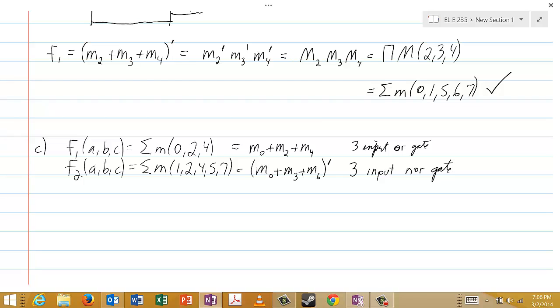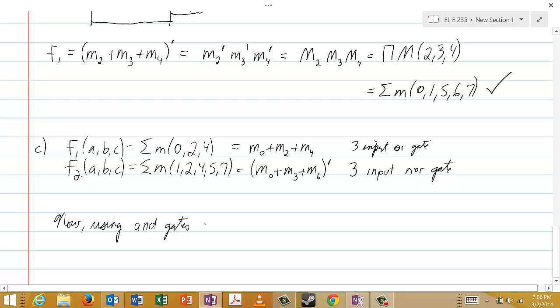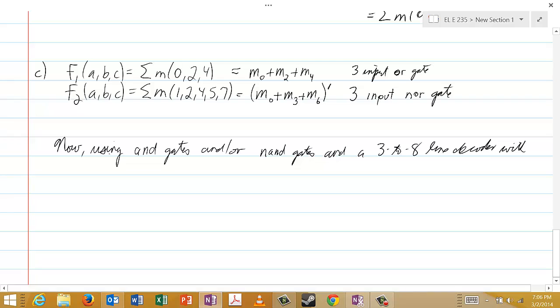Now, using AND gates and NAND gates and a 3 to 8 line decoder with inverted outputs, generate the same pairs of functions.